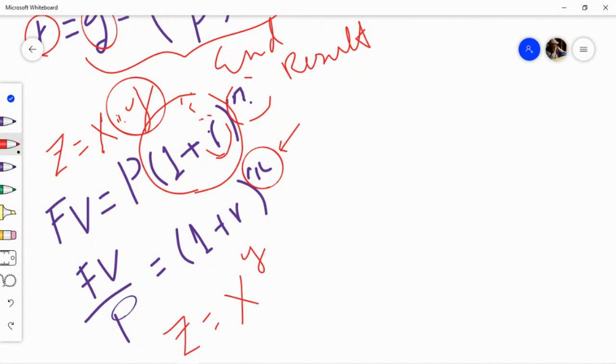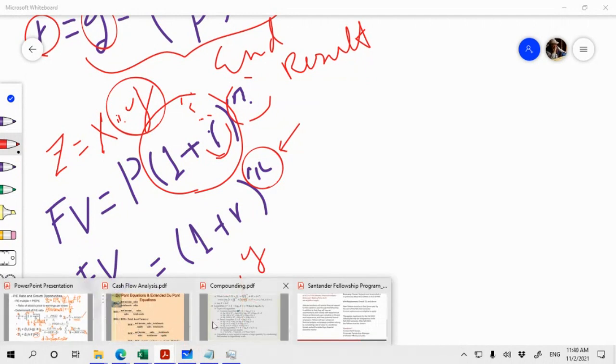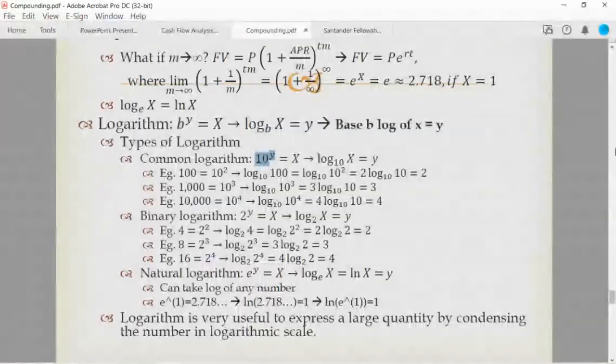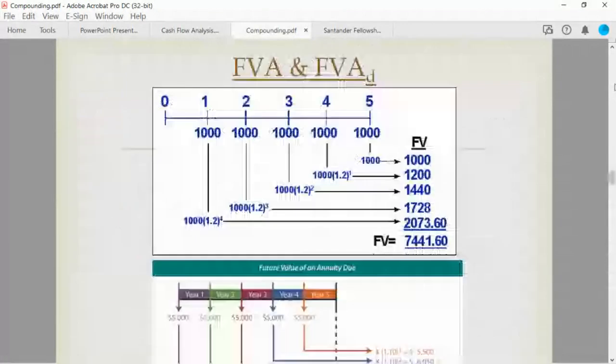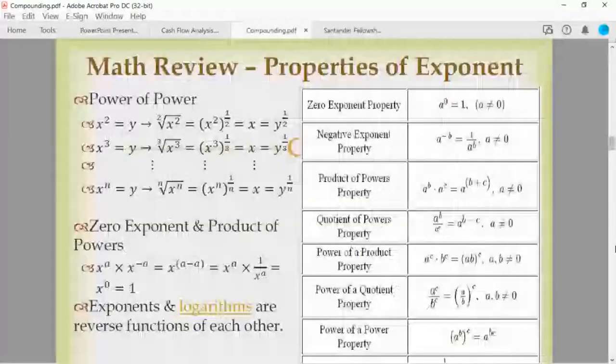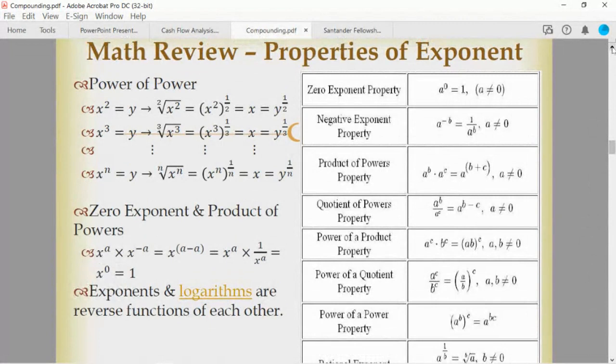Then how do we unlock y and free x? Well, here's the thing. This is why math foundation is very important. We need to review some properties of power, or properties of exponent.